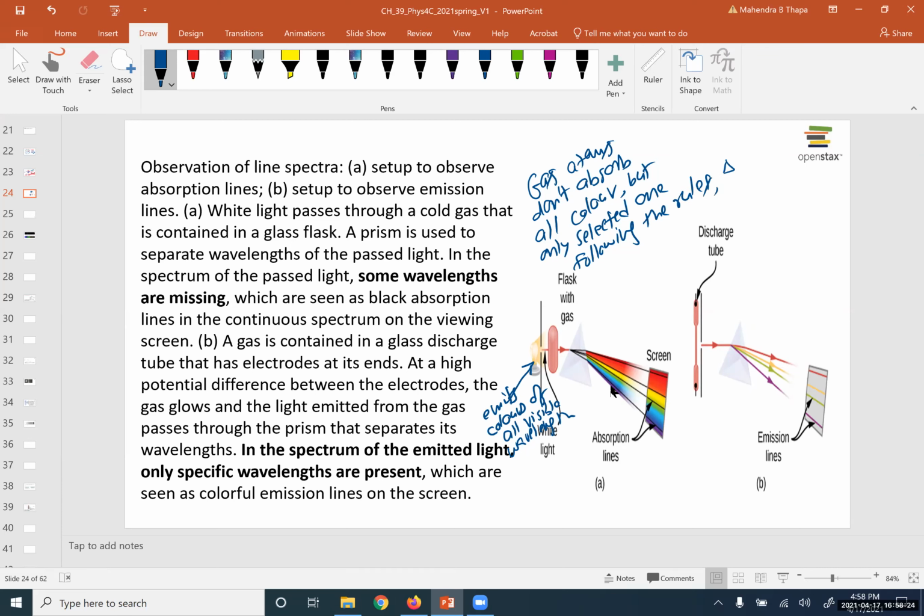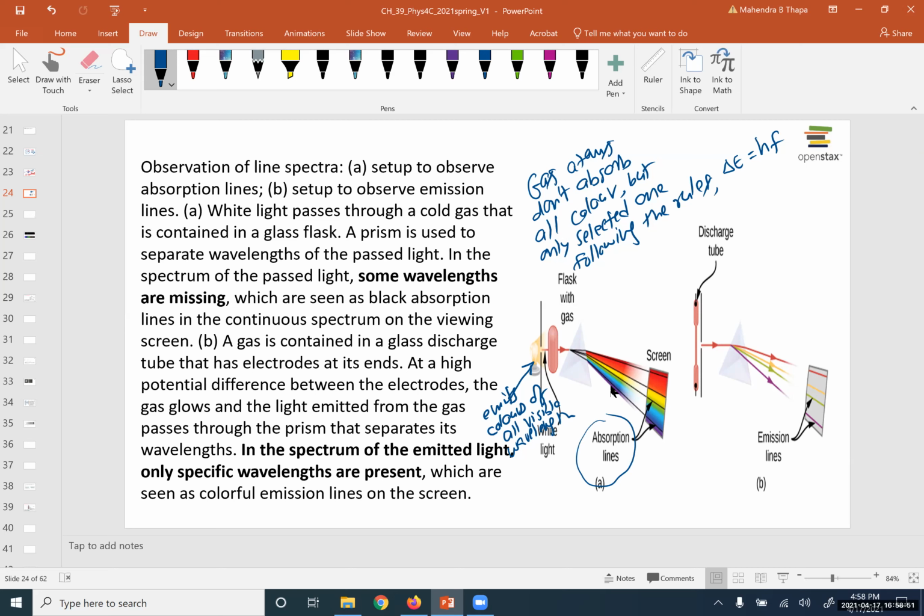Delta E, the energy difference, must be equal to h times f. Okay, so that's why if this white light passes through a gas, then the gas atoms absorb certain light, whose frequency and wavelength get absorbed. It appears as black lines in the spectrum.